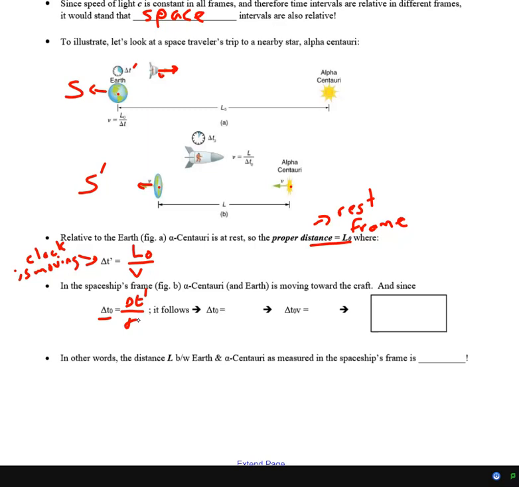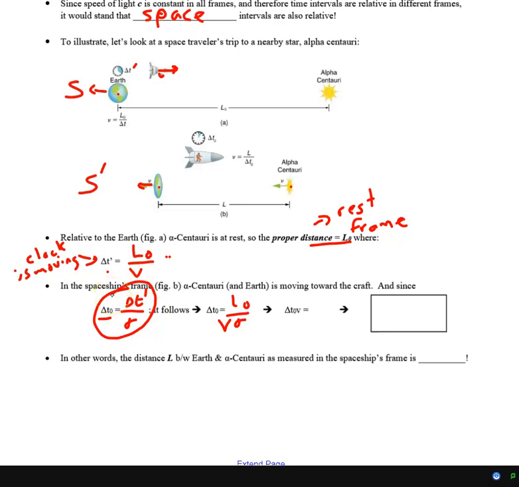So it follows, with some simple substitution, if delta T prime is L naught over v, we can transform that into L naught over v, and then we have the gamma factor. Again, the time measured on Earth is simply a distance divided by speed. The time measured on the spaceship is also a distance divided by speed, but with the gamma factor thrown in there to account for the differences in how they measure time.